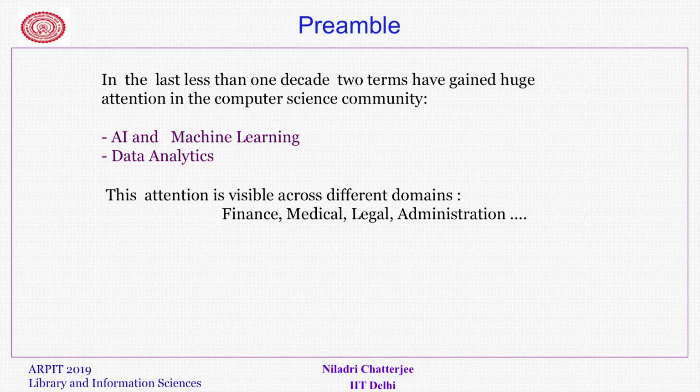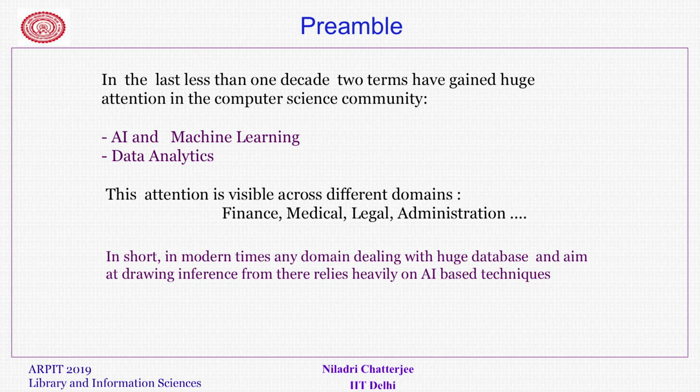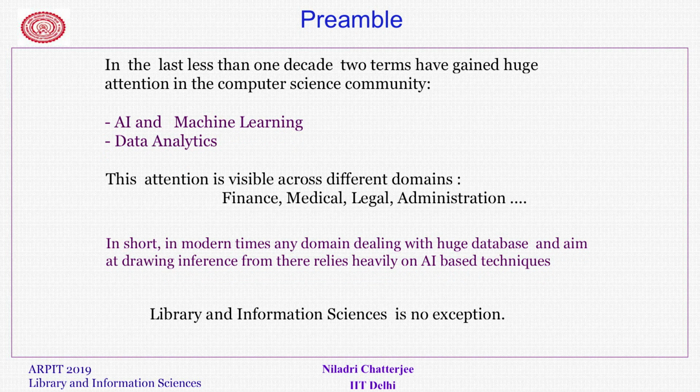These two terms are apparently different from each other, but they are very nicely intertwined, and as the amount of electronic data is growing exponentially, we see that in many different applications of artificial intelligence and machine learning, we use that data to build our AI based systems, which can be any information system in general or a library system in particular.